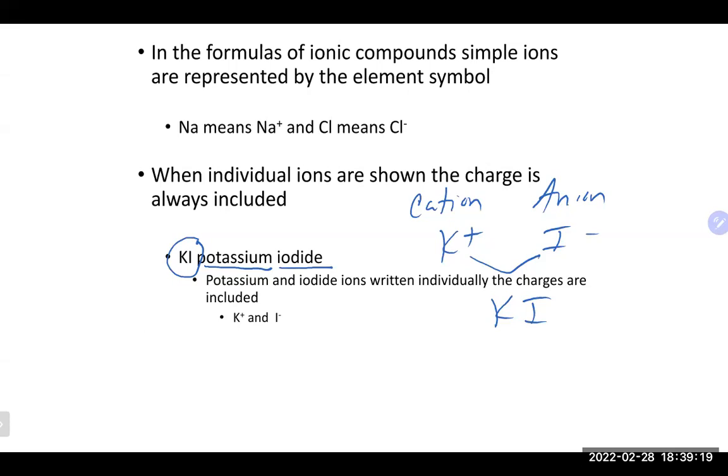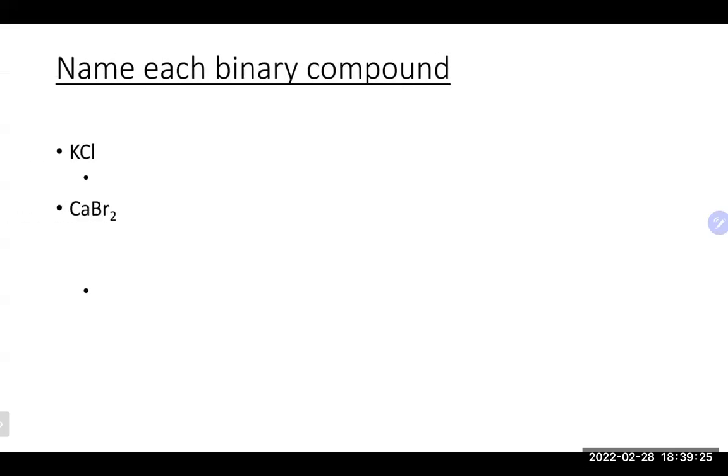So let's take a look at some examples and see how you do here, perhaps. There we go. So we kind of jumped the gun on that. So we'll change this one. Why don't we do BaCl2?